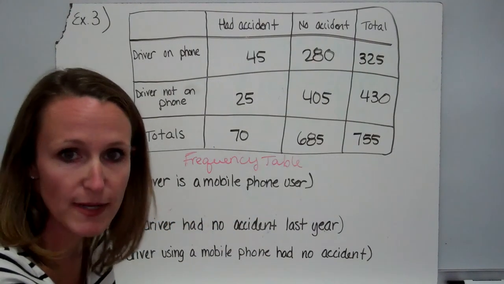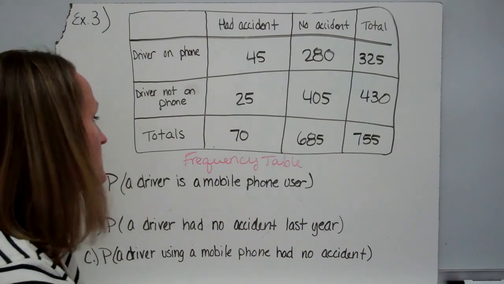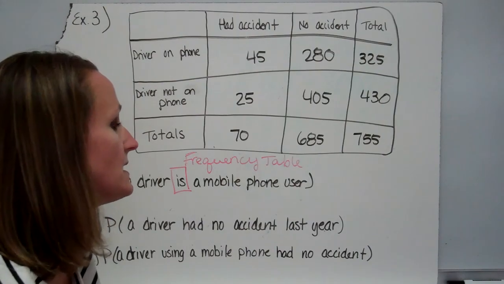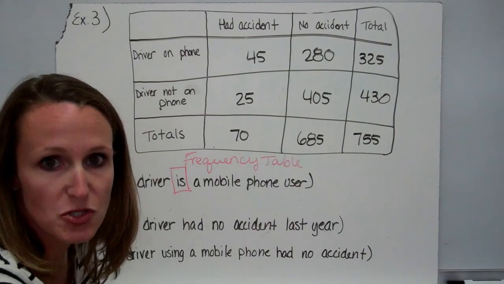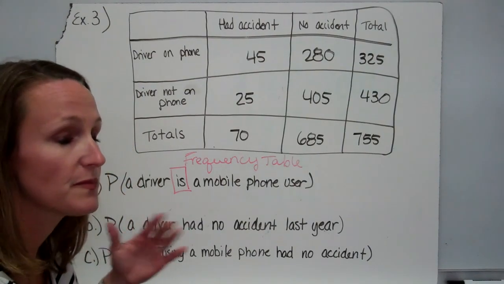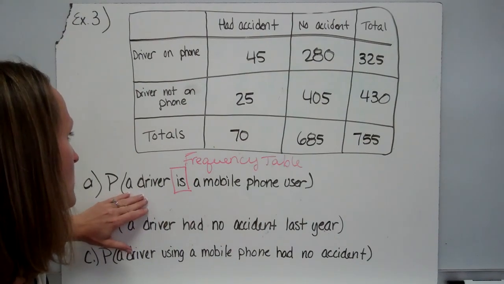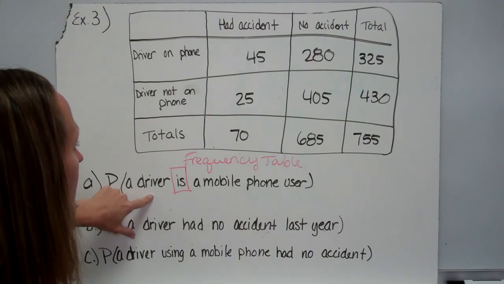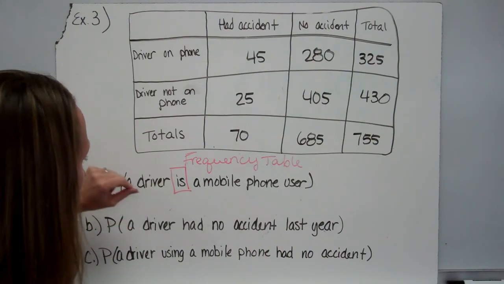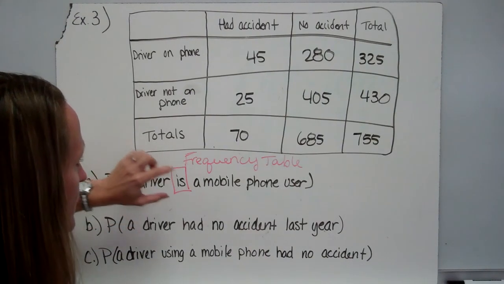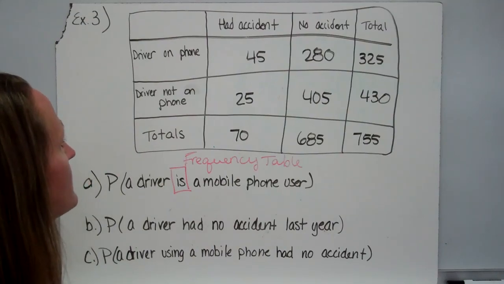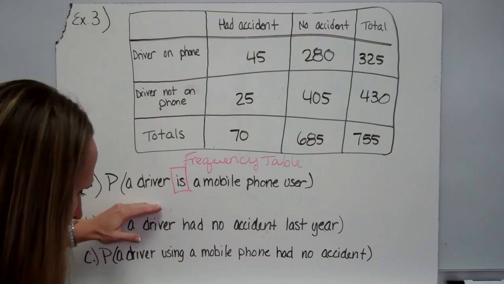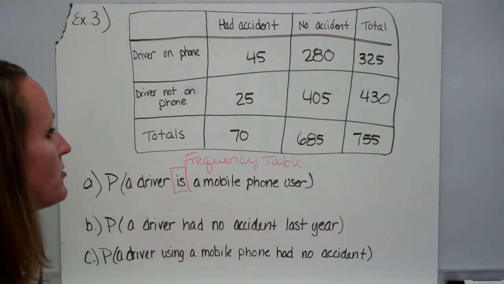There is a trick when you have a question written like this. If you look for your little helping verb, in this case it's "is," that helping verb tells you where to divide your data. The driver is going to be your bottom number, and the mobile phone user will be at the top.